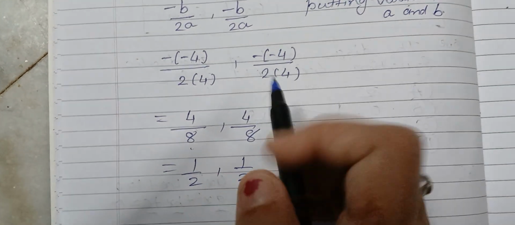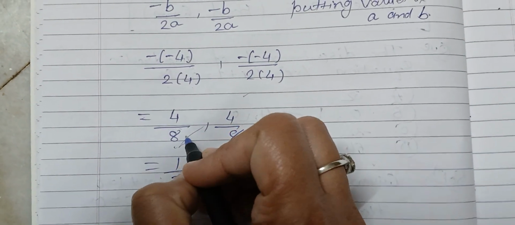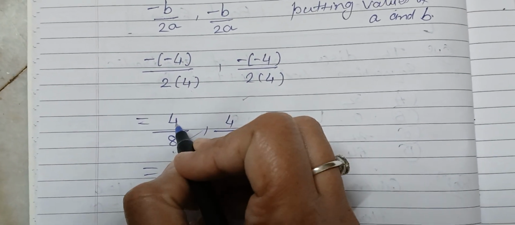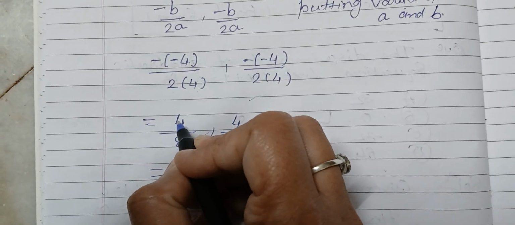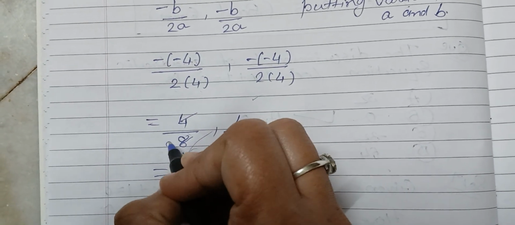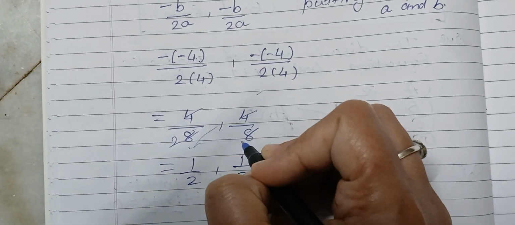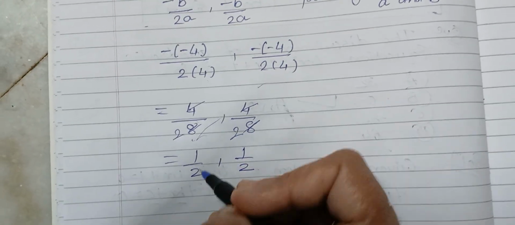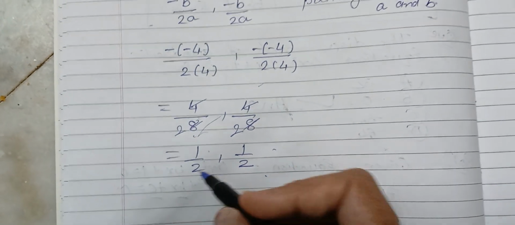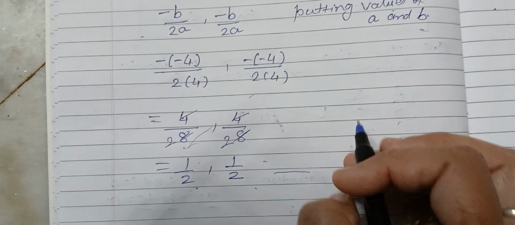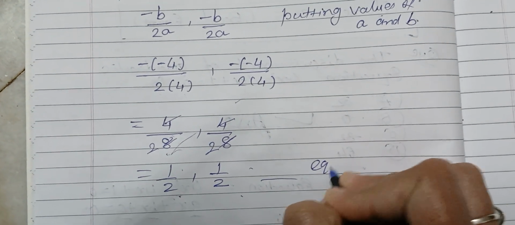Now if we just do the factor, 4 to the 8, so 1 by 2, 1 by 2. These are the two real equal roots.